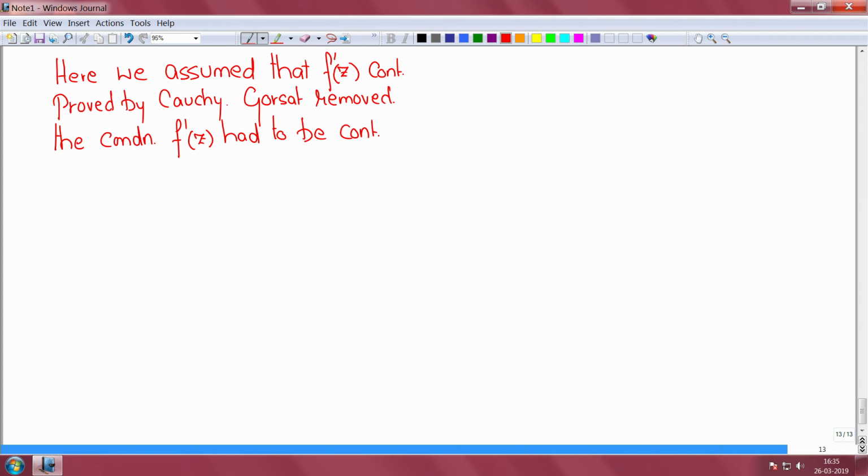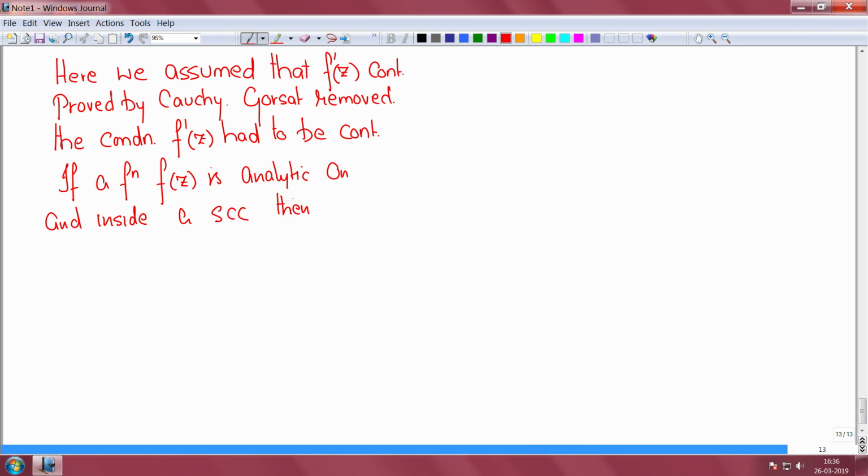So now we truly have: if the function f of z is analytic on and inside a simple closed contour, then this integral over the closed contour of f of z dz is identically equal to 0. This is a very powerful theorem.